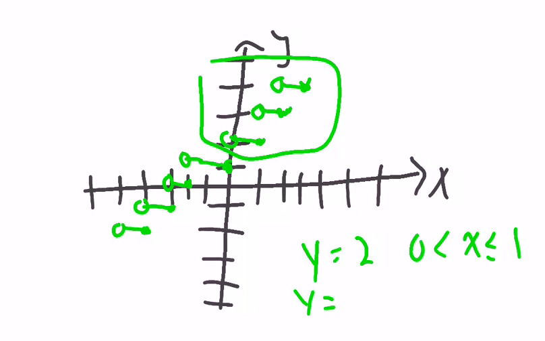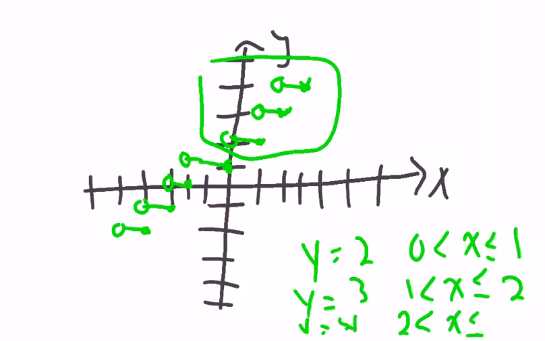And y equals 3 if x is between 1 and 2. And y equals 4 if x is between 2 and up to 3. So you just have to make sure that the solid circle means that it has the equal sign with it, and the open circle means that it goes up to that number but does not include that number.